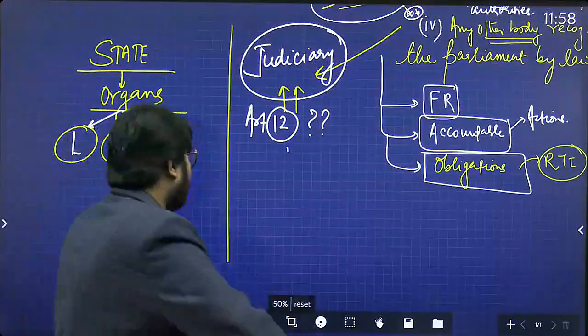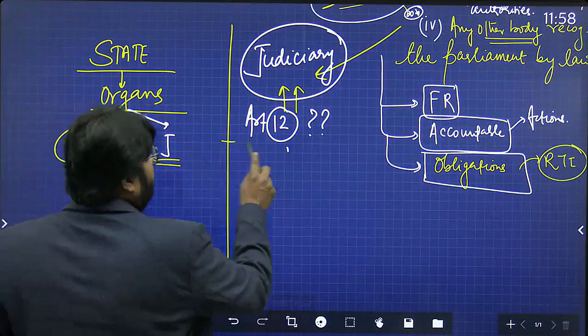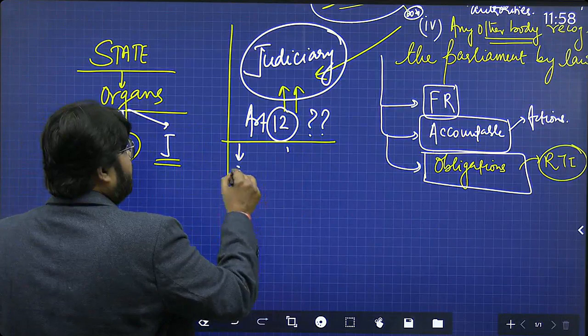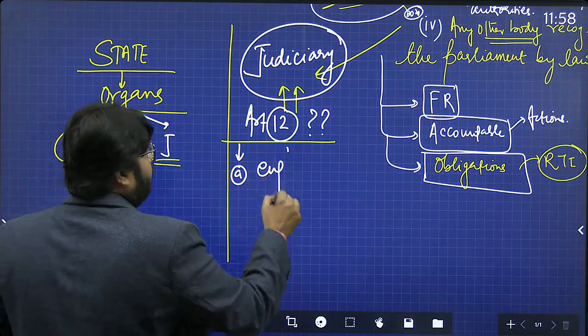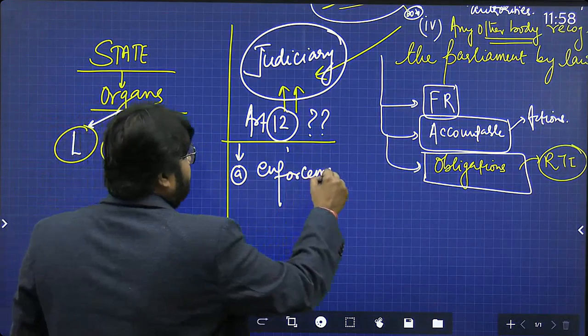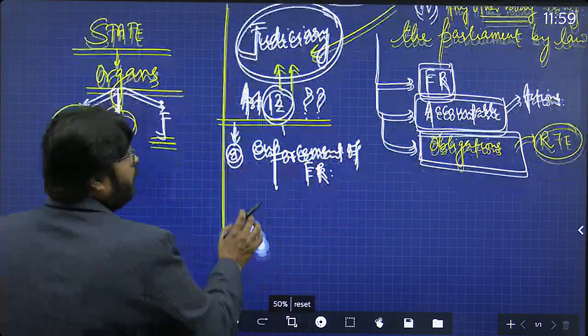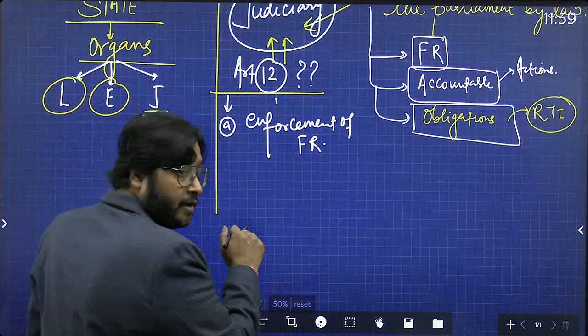क्यों? पहला, because the definition under Article 12 is incidental to, it is related to the enforcement of fundamental rights. Against whom can you have the enforcement of fundamental rights?